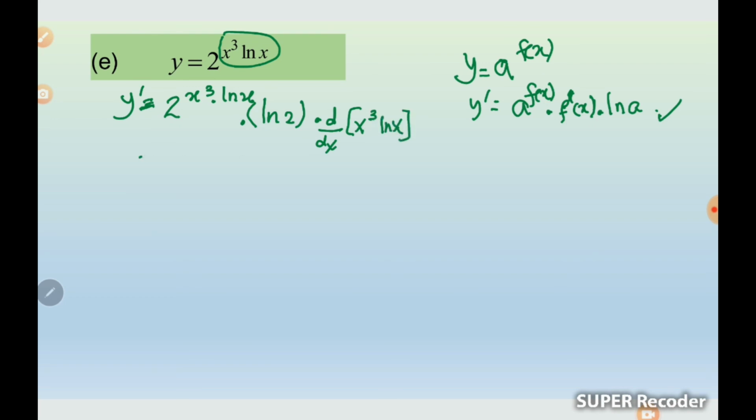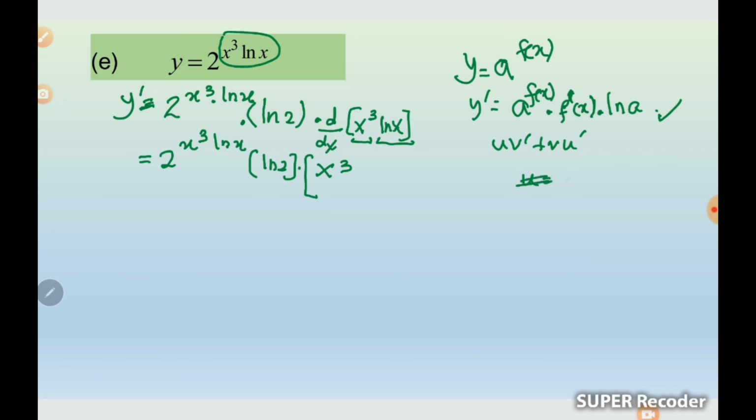Okay, so 2 to the power of x cubed ln x multiplied with ln 2, and you need to differentiate this function by using the product rule. So I will do it straight here. u v prime plus v u prime. So copy x cubed, differentiate v, v prime, differentiate ln x. Okay, you haven't done this yet, but I will share with you.